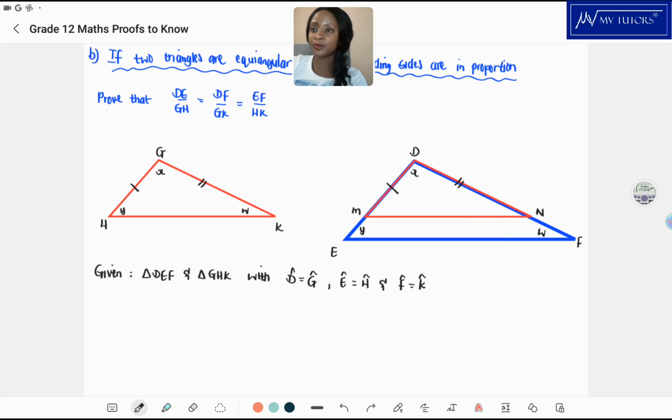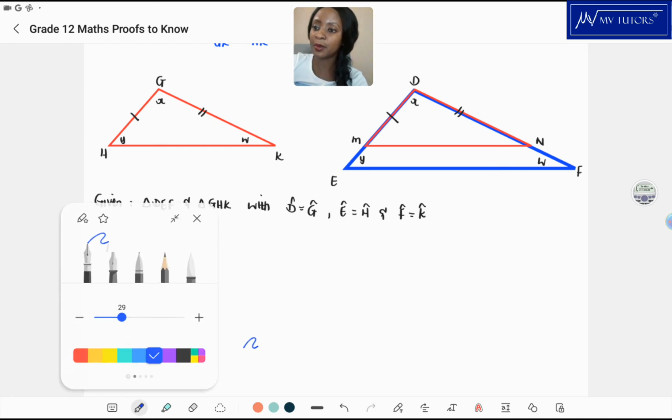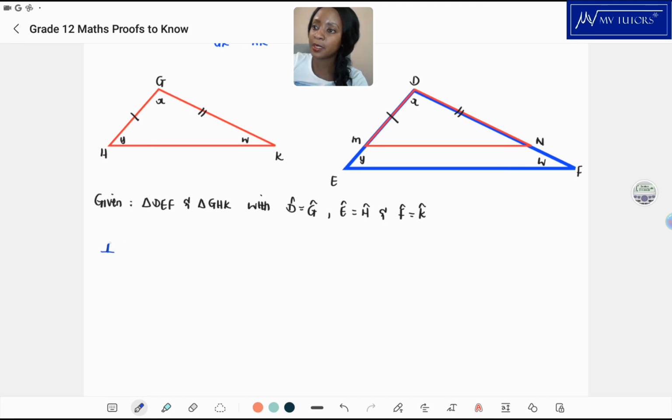Okay, so what are we going to start writing? We're going to say that in triangle DMN and triangle GHK, we have that DM is actually equal to GH, and that's due to the construction that we have made there.